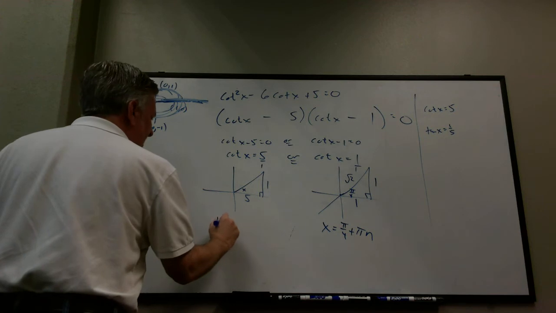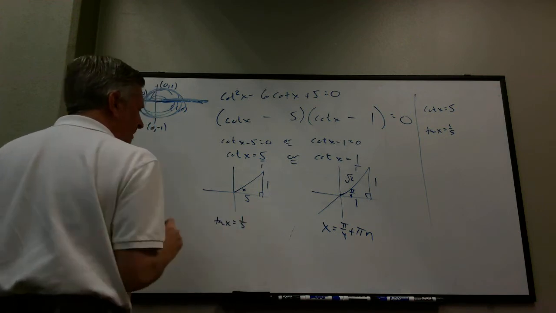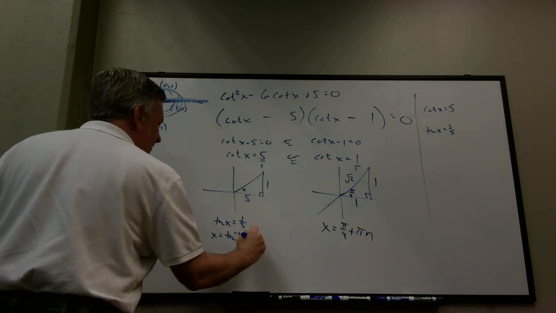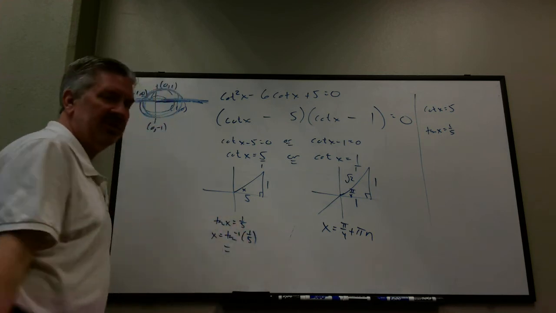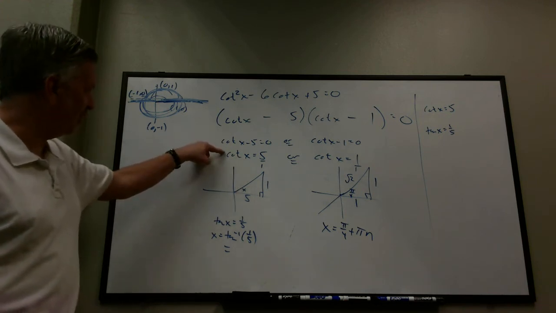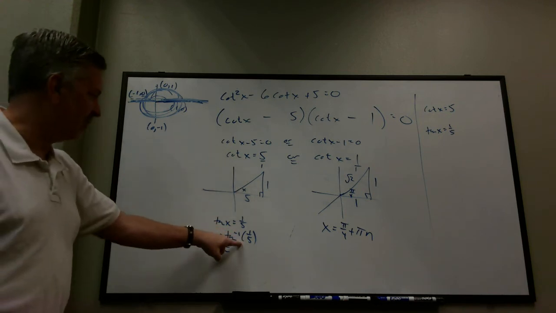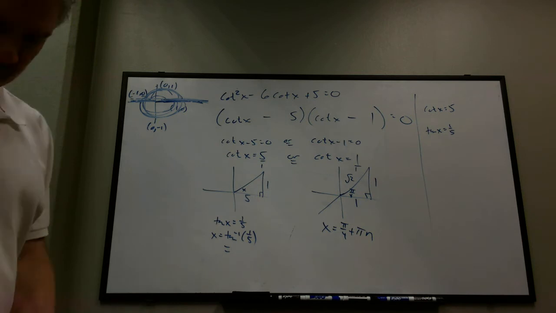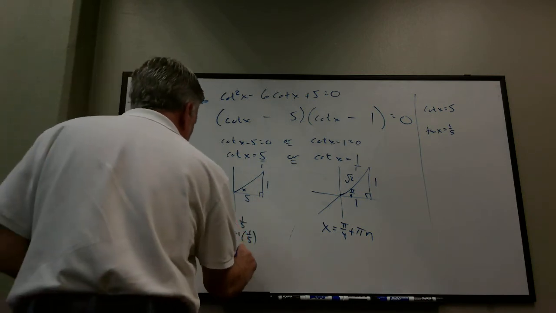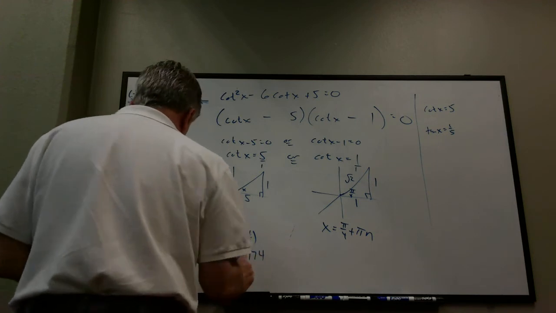So x is tan inverse of 1/5. That's what you have to type in the calculator. So change your cotan problem to a tan problem and then do tan inverse. And tan inverse of 1/5 turns out to be, again, make sure your calculator's in radian mode, 0.1974.